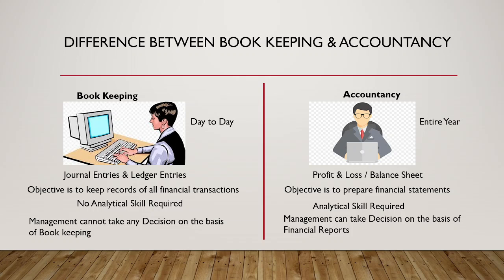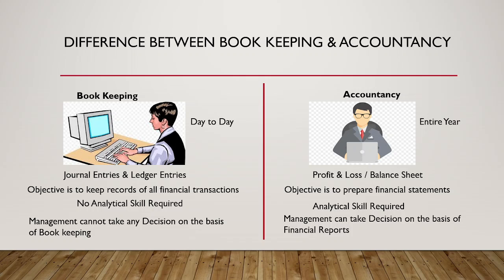Definitely, a person who is less educated or has less knowledge will be doing the bookkeeping, and a person with high analytical skills, for example a manager, is involved in the accountancy. So bookkeeping is just recording of transactions in the book of accounts, and on the contrary, accountancy is something more analytical, and it requires more analytical skills.